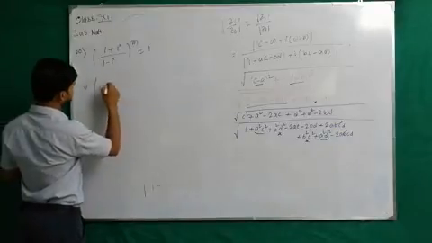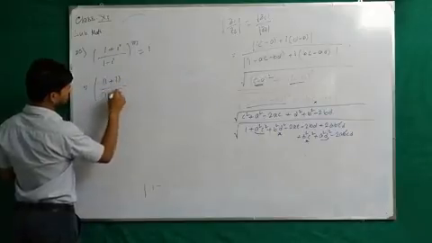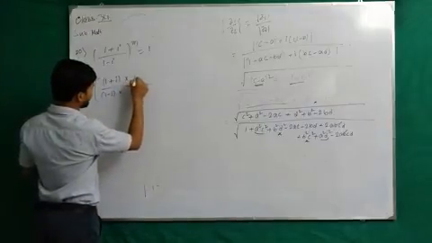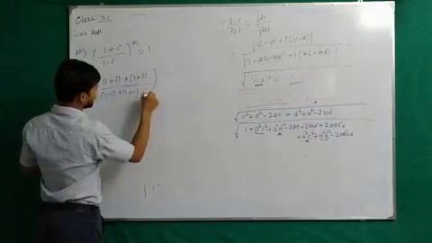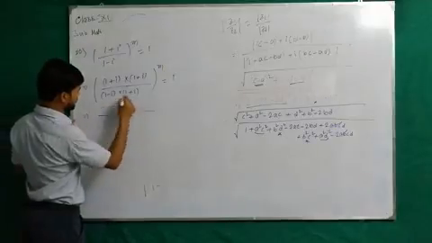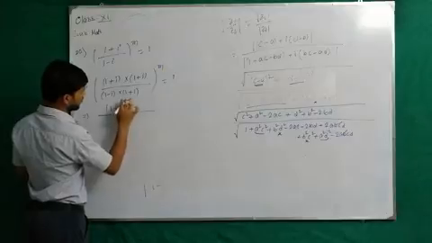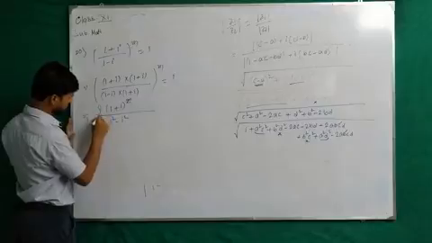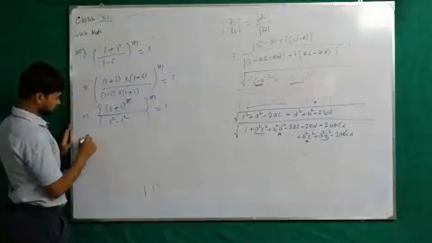That means 1 plus i by 1 minus i. So we are multiplying the numerator and denominator by 1 plus i, and whole to the power n is equal to 1. That means that term will be (1 plus i) whole square, and it will be 1 square minus i square, whole to the power n is equal to 1.